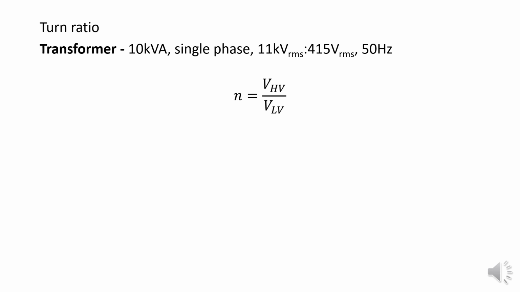According to this, the primary voltage is the high voltage side, therefore high voltage divided by low voltage, 11 kilovolts divided by 415 volts. So likewise you can find this turns ratio.